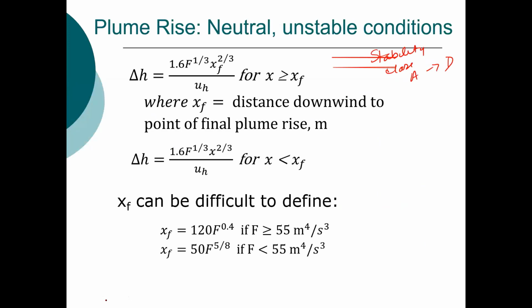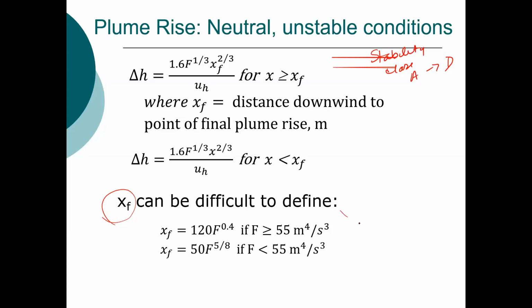So if you're at a distance greater than the distance to the point of plume rise, then you will use this value x of f. If the distance is less than that x of f, then you'll simply just use the distance of x.